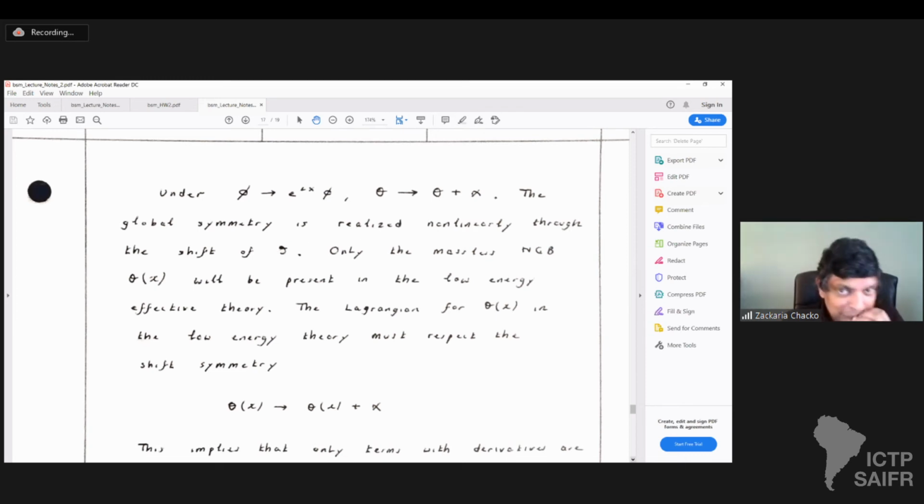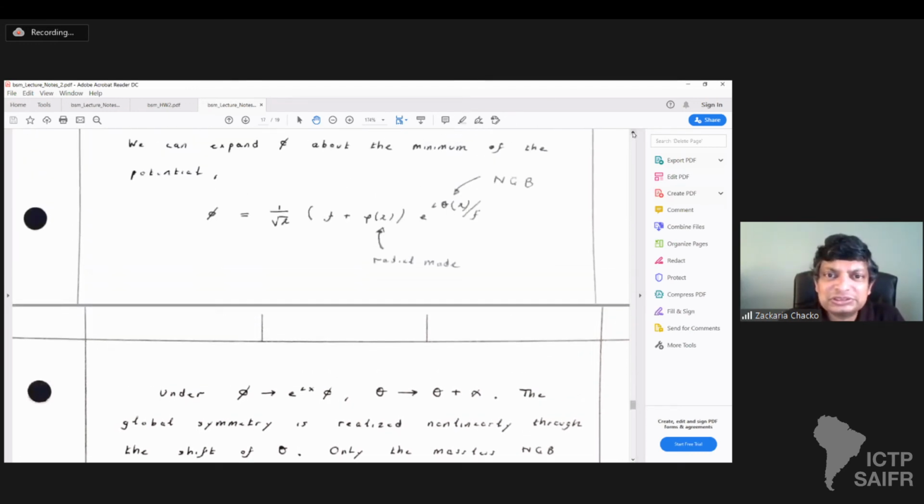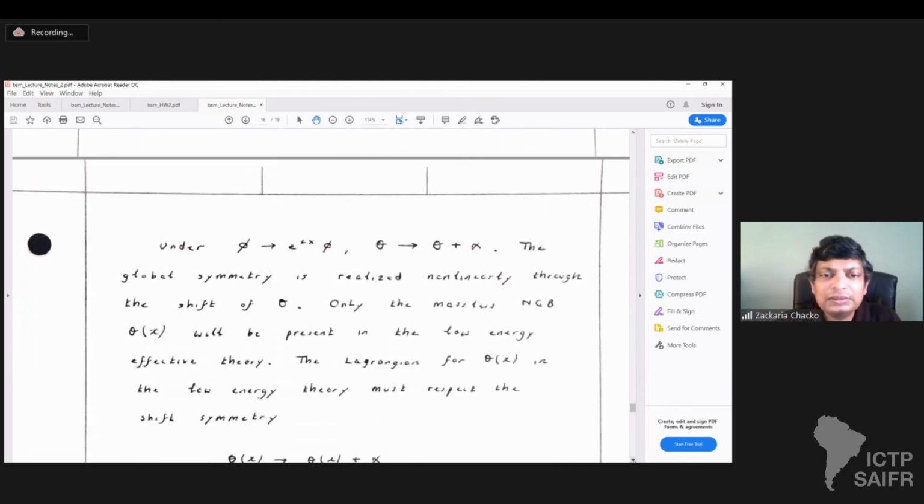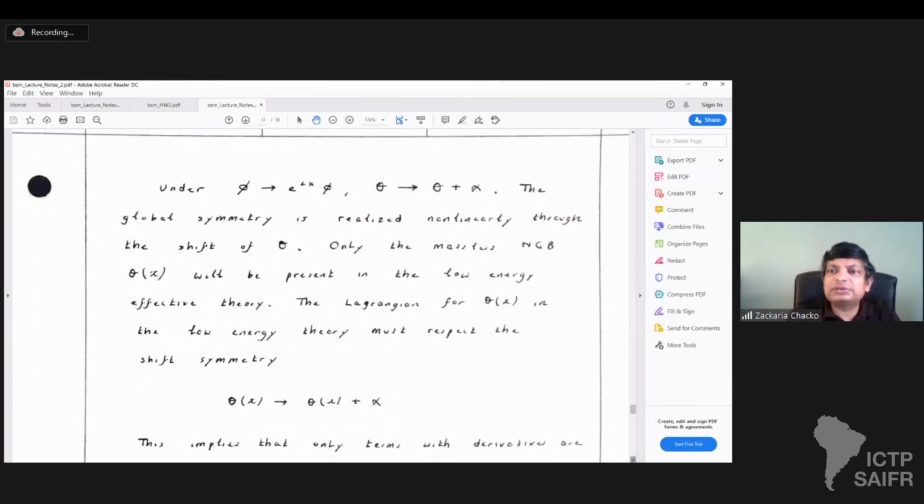Okay. So the symmetry hasn't really gone anywhere, okay? In the sense that this is still a symmetry of the Lagrangian. Okay? The vacuum no longer respects this symmetry. Okay, but at the level of the Lagrangian, this is still a symmetry. And the low energy Lagrangian is going to respect this symmetry.